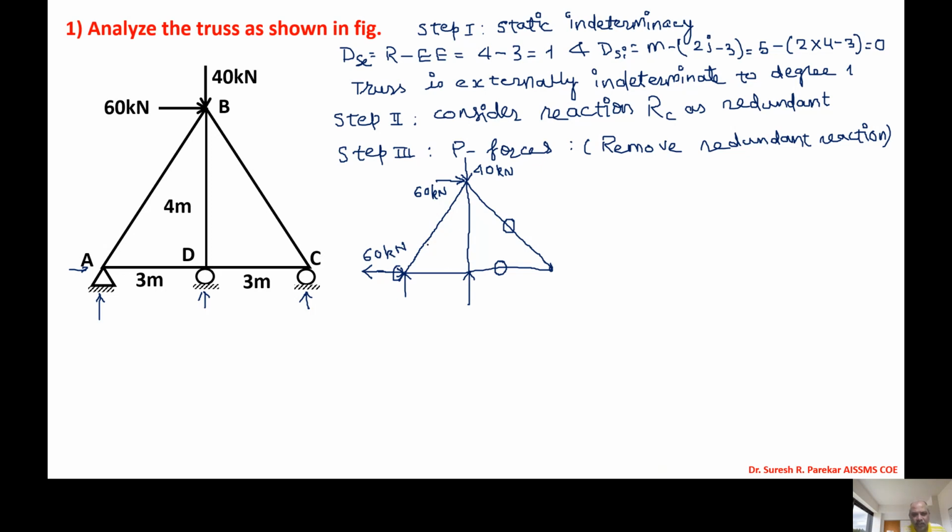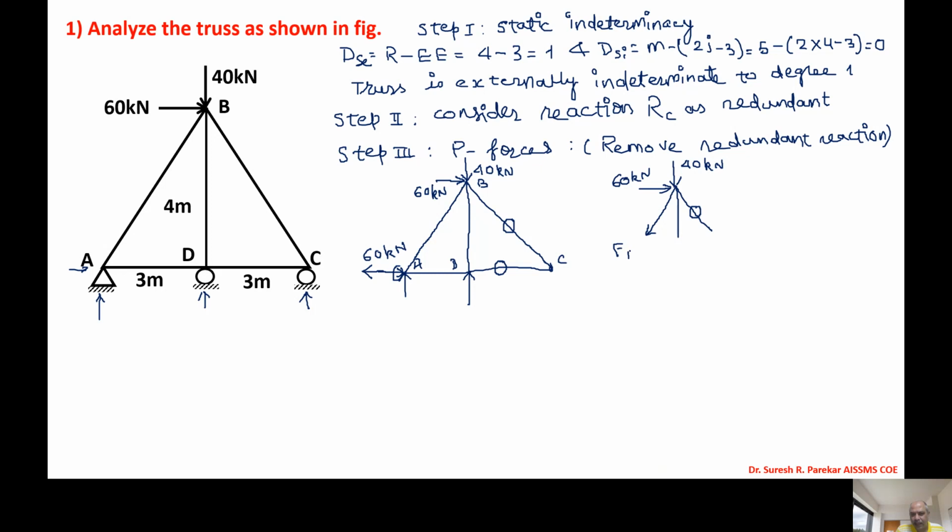Now we will consider this joint: this is joint A, joint B, then C, and then D. Now we will consider joint B. We have 40 kilonewton and 60 kilonewton. We have these two members, so this is 0. Now we will assume this as tensile.